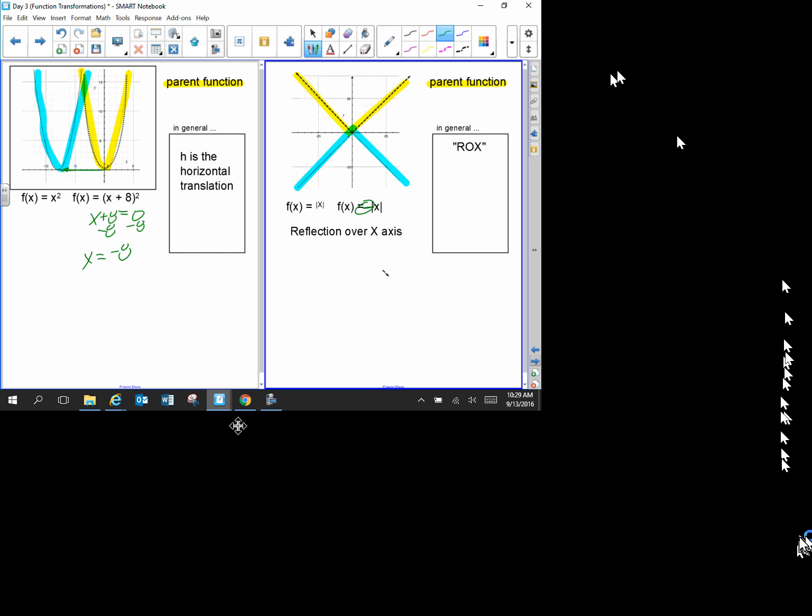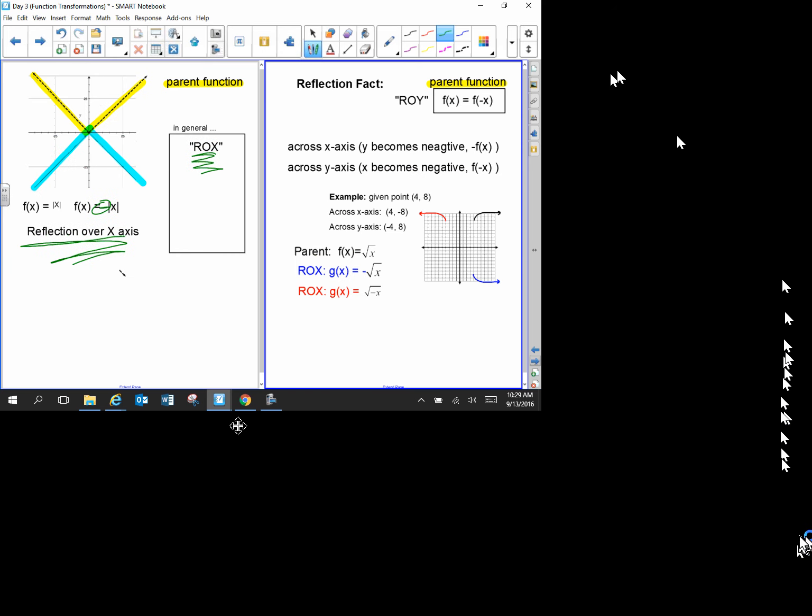You reflected this thing. It's a reflection over the x-axis. Let's abbreviate that ROX, and then we're going to ROY. Our reflection's right up here. When we're talking about a reflection over the x-axis, I have something up here typed in wrong.